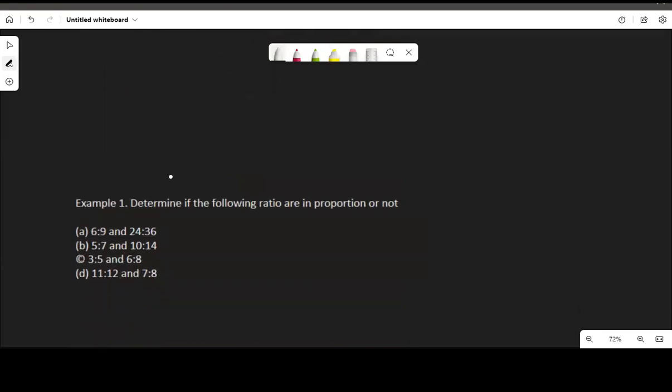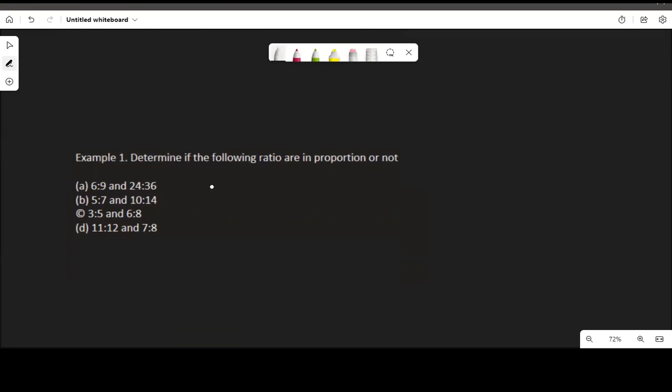So we have an example here. It says determine if the following ratios are in proportion or not. 6 to 9, that is the ratio of 6 to 9, and the ratio of 24 to 36. So we check whether these are in proportion. Starting with A, 6 to 9 means 6 over 9.